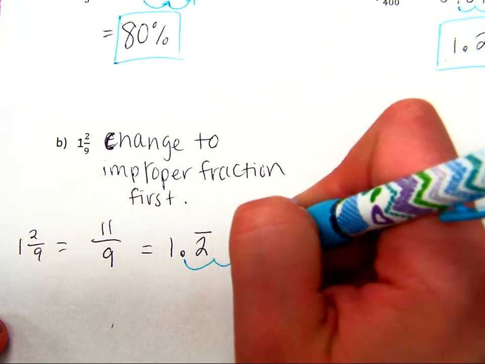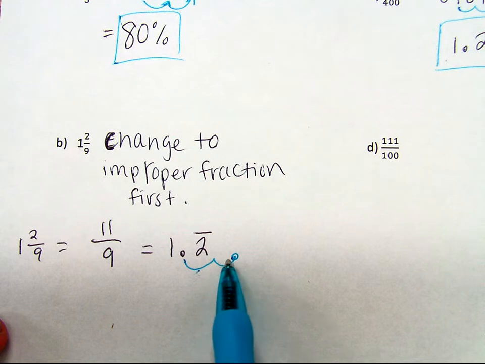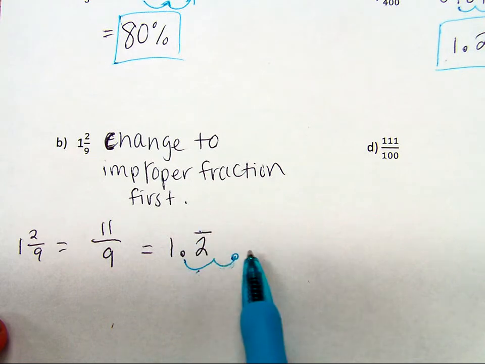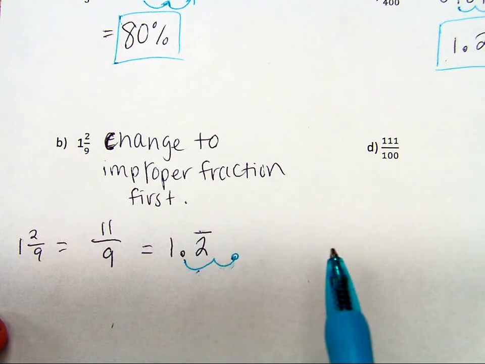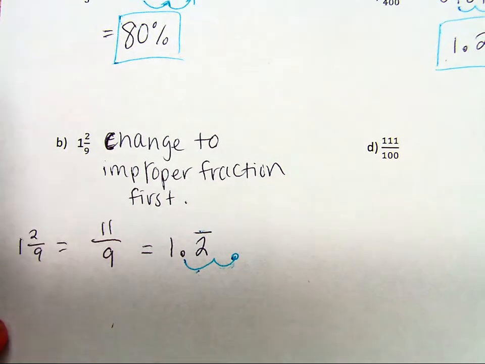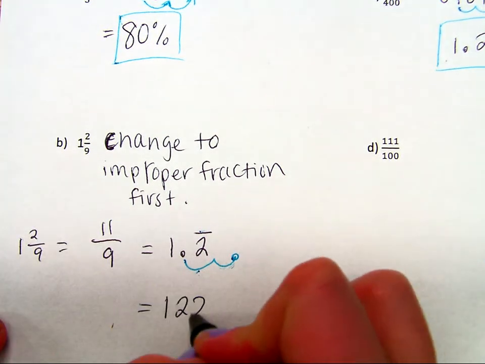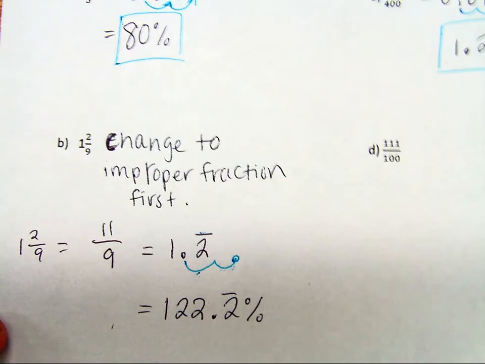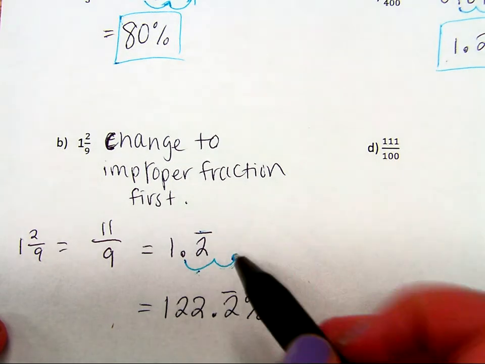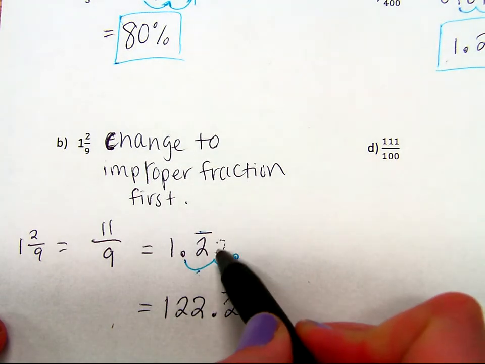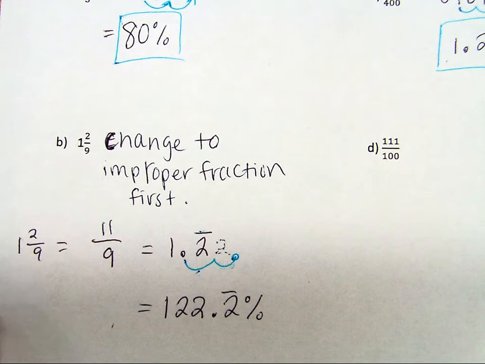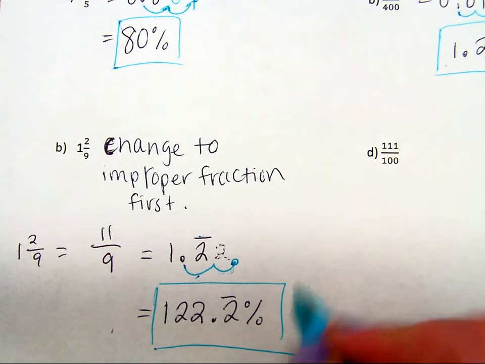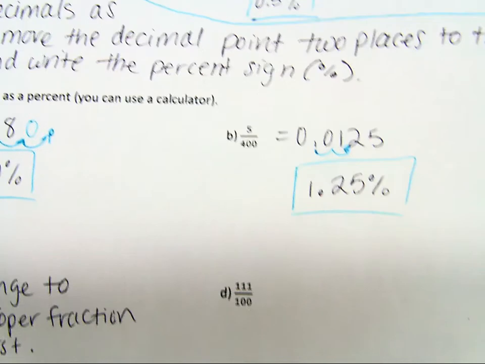Where I jumped here, right here, usually I'd fill in a 0, but since it was 2 repeating, I'm going to actually fill in a 2. So my percent is going to be 122.2%. 2 repeating, really. Okay, so I scooched it over twice. It's kind of like I filled in a 2 there, since it was 2 repeating. So that's my percent. Okay, let's do one more example.